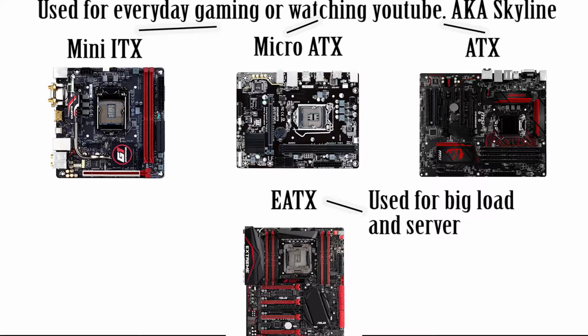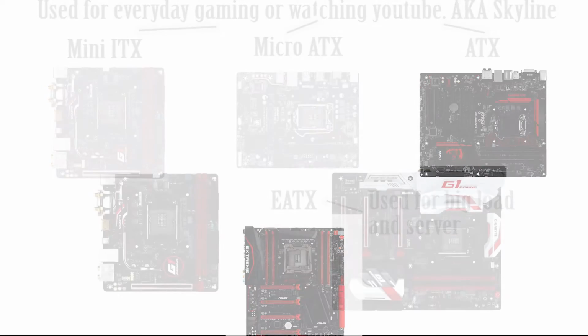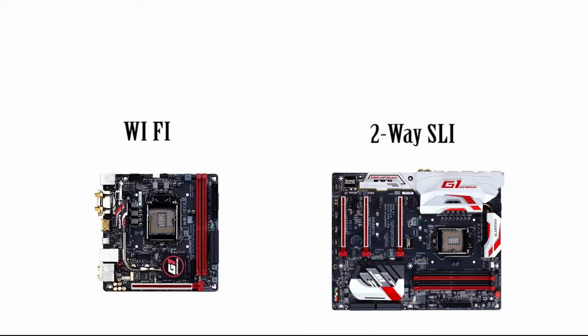And with the motherboards, you get certain functions. Some ATX boards come with two-way SLI, which allows for two graphics cards to be installed with an SLI bridge, or a mini ITX with Wi-Fi. They'll all be linked in the description below.